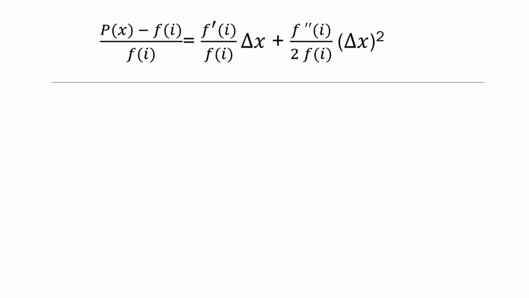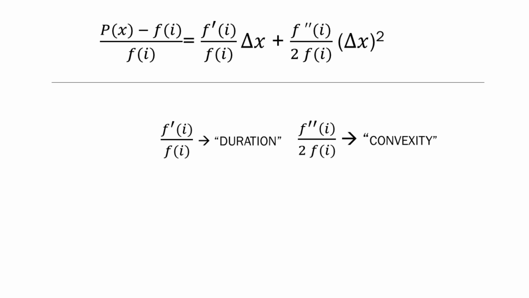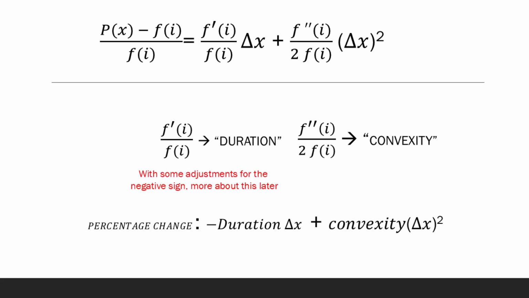If we take a look at f prime of I all over f of I, it'll have a special name called duration, and f double prime of I all over f of I, don't forget the 1/2, that's going to be your convexity adjustment. Now, the percentage change therefore can be expressed as negative duration times delta x plus convexity times delta x squared.